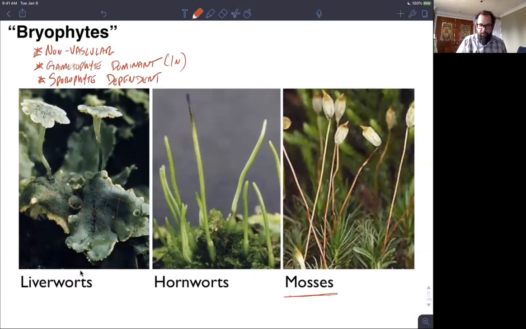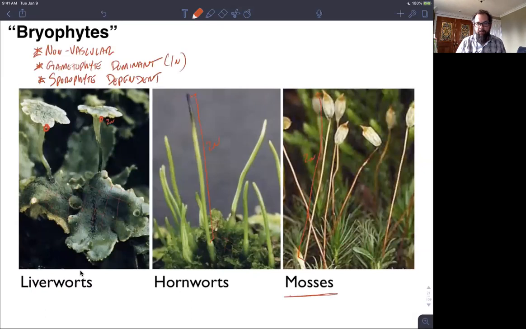And so when we think about the sporophytes on these, the sporophytes of liverworts are actually embedded in the top of this gametophyte tissue. This long stalk on the hornwort, this is the sporophyte portion. And then in mosses, the sporophyte is this stalk and capsule part of that moss.